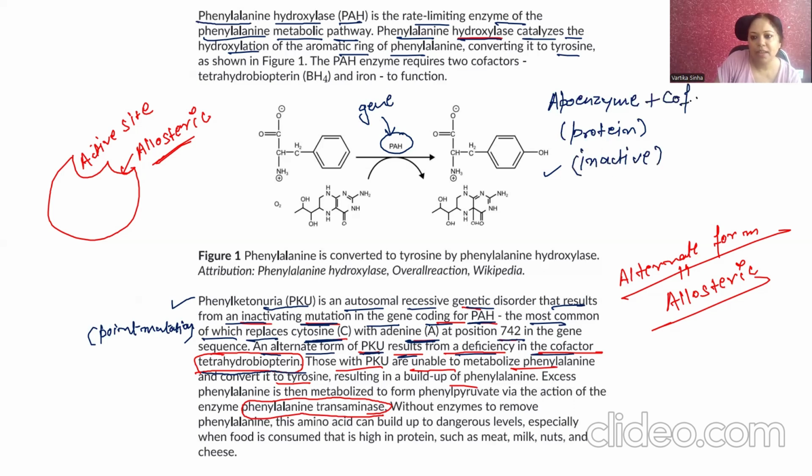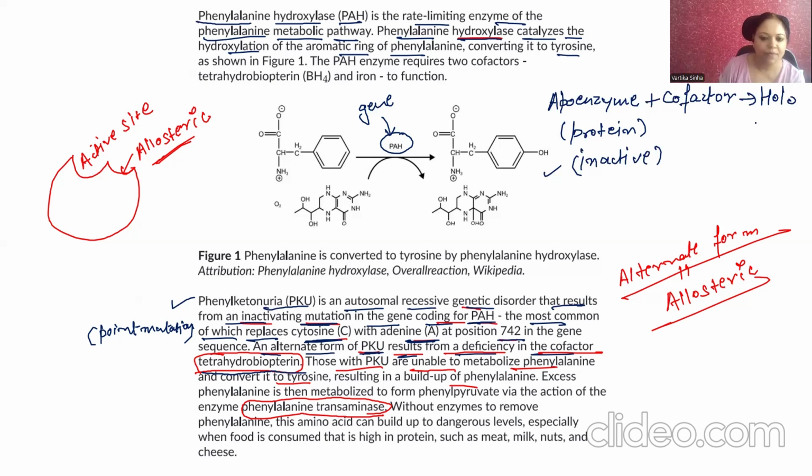Because it needs something like a colleague, a cofactor, to help, and then it becomes the whole enzyme, right? So the question is saying that the enzyme for this particular reaction, PAH, requires a cofactor named tetrahydrobiopterin for its function. So definitely, if you are low in cofactor or if you do not provide cofactor to your enzyme, it will not work.